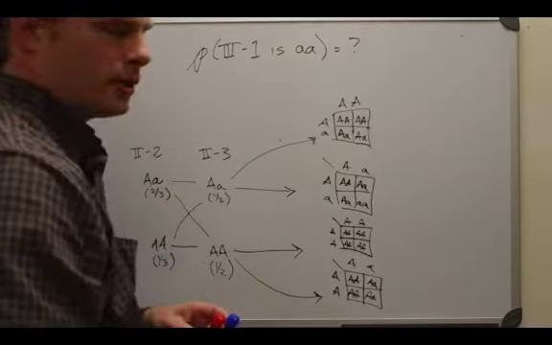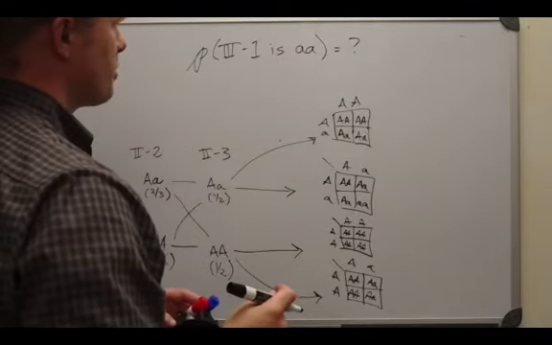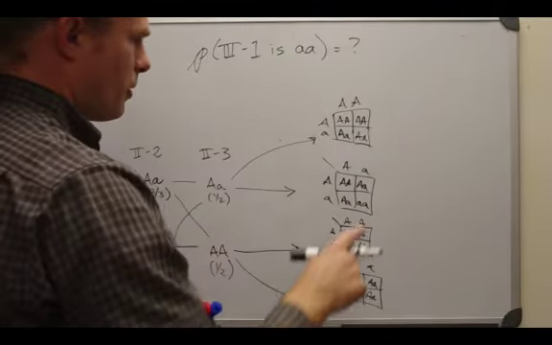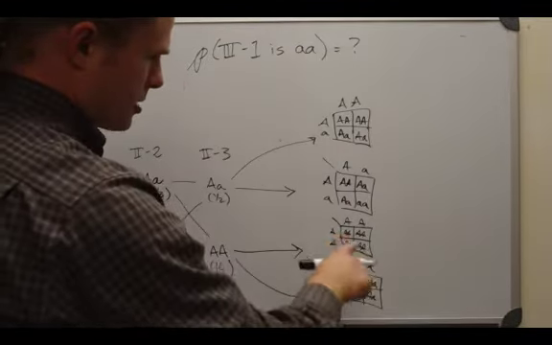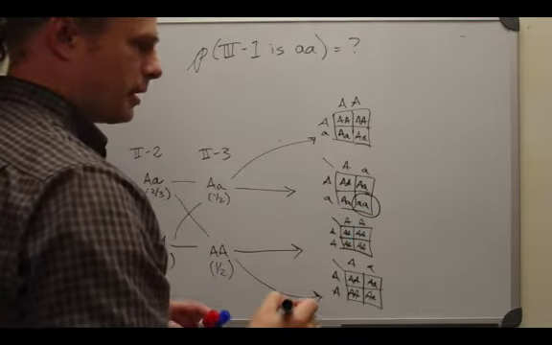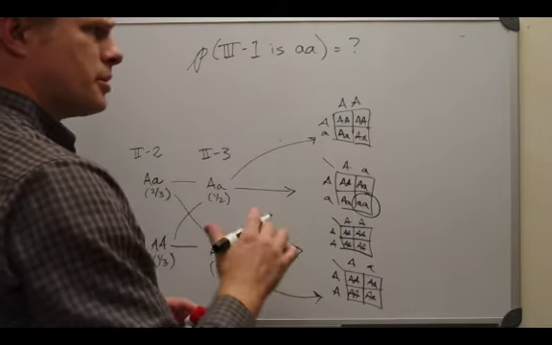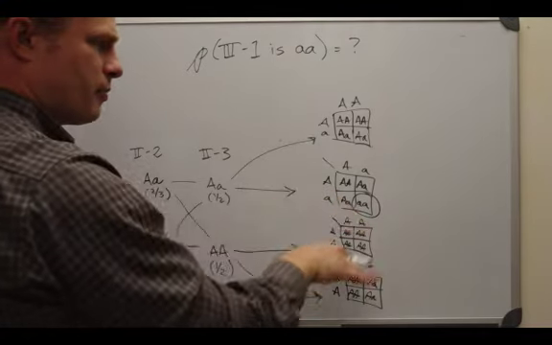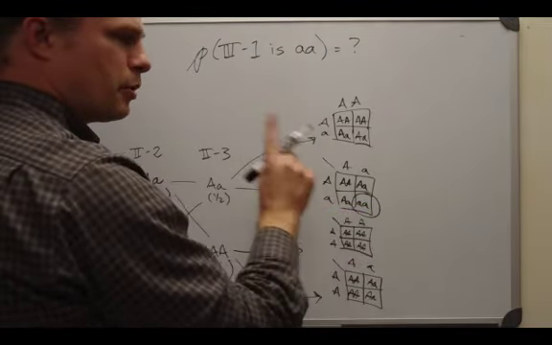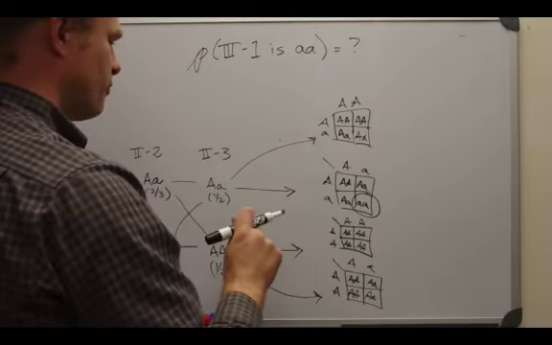And we could ask this question here. What's the probability that they are little a, little a? Well, if we look through this whole matrix, there's only one way for this individual to be little a, little a. And actually, as you'll see, we didn't need to do this full treatment for this specific question, because for this particular genotype, there's only one way that this genotype could be formed.